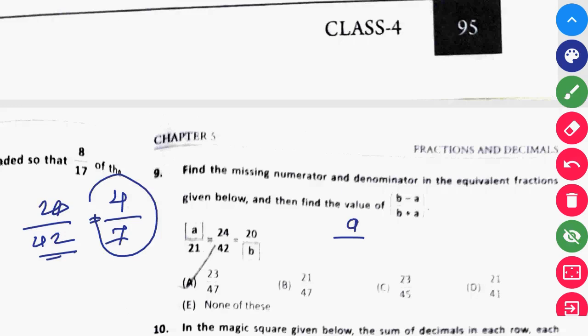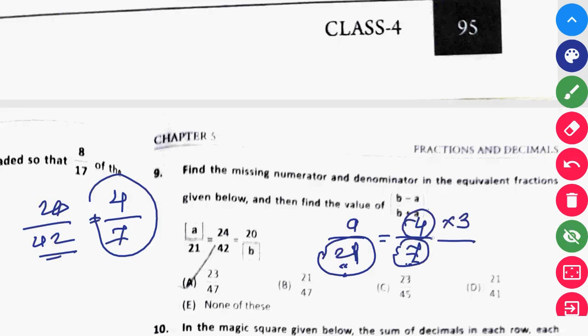Now a upon 21 is also in the simplest form 4 upon 7. Now this denominator is 21, so for 7 to become 21 we should multiply by 3. So if we multiply 4 with 3, we get the value of a, which is 12.